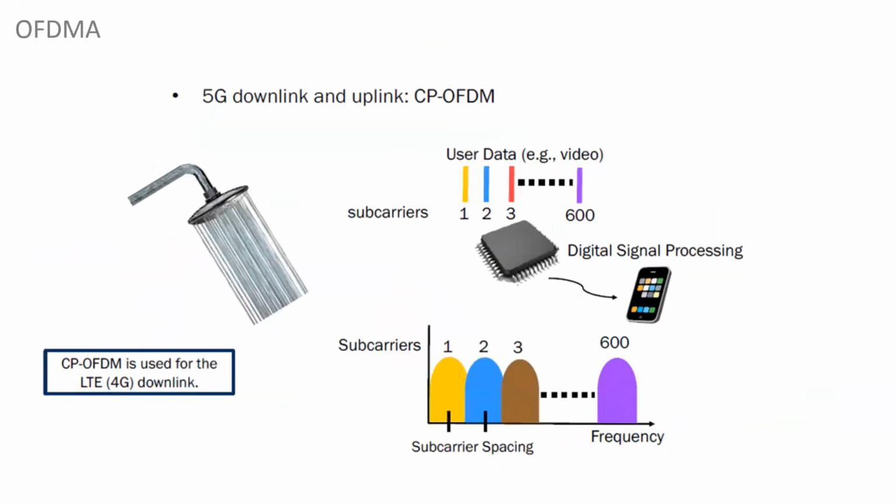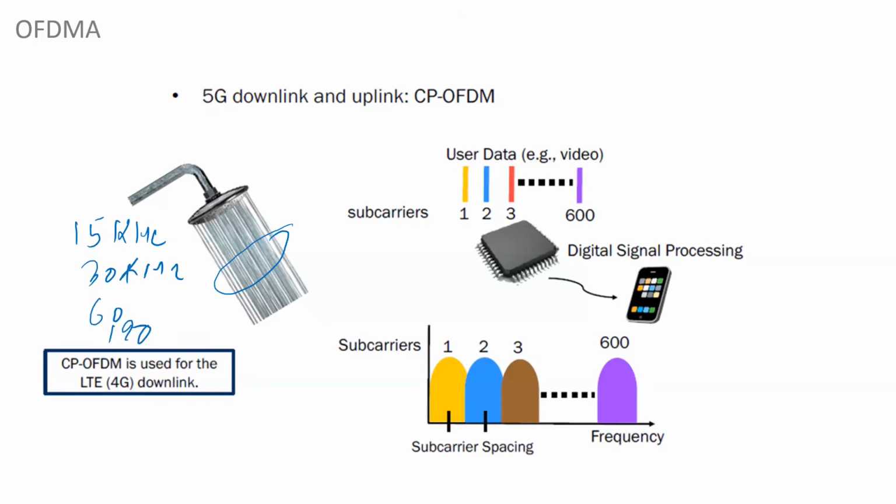So again, what we have learned so far is that the physical layer employs OFDM, which is orthogonal frequency division multiplexing, in the downlink. OFDM divides a large amount of data into smaller units called subcarriers. These subcarriers can be 15 kilohertz wide, 30 kilohertz wide, 60, 120, and so on.